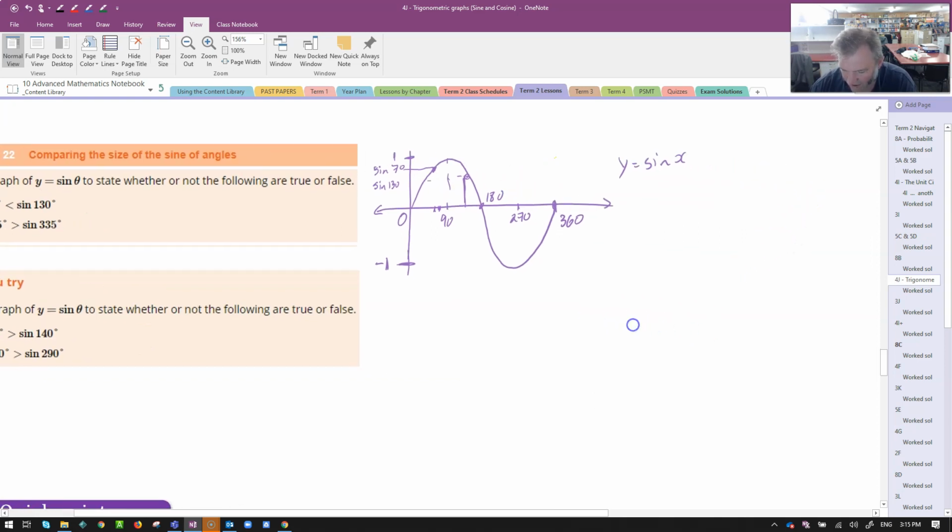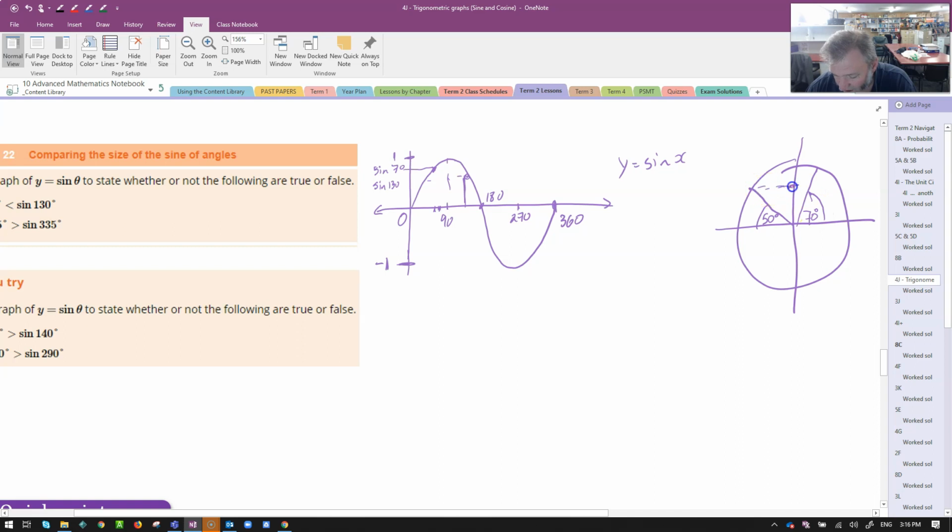I think, again, your unit circle is probably almost an easier way of telling this, because we just look at the reference angle. 70 degrees is going to be that thing there. 130 degrees, well, it's going to be 50 degrees away from the closest x-axis instead of 70.